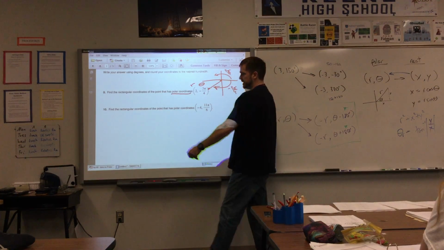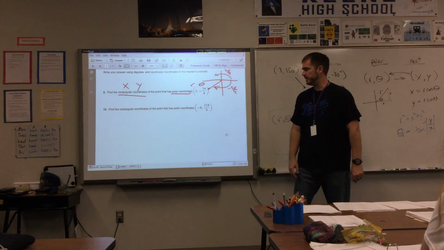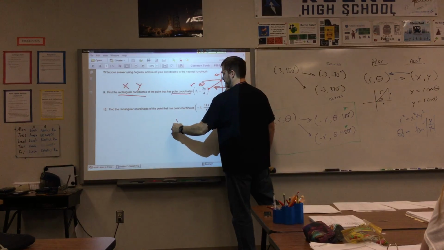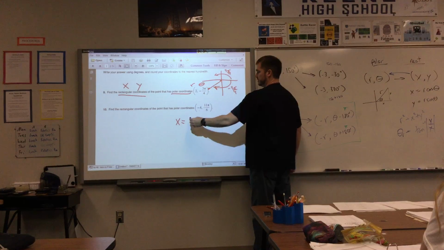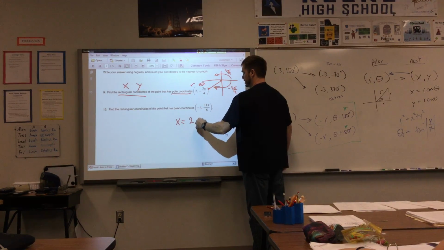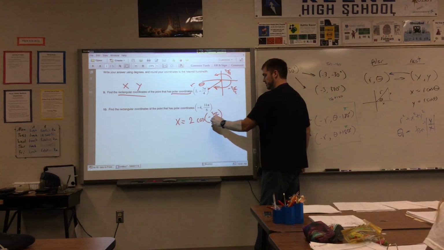They want us to find the rectangular coordinates, which is just a fancy way of saying the x component and the y component. So for that, we go to the formula. X equals r cosine theta. So 2 cosine negative 3 pi over 4.